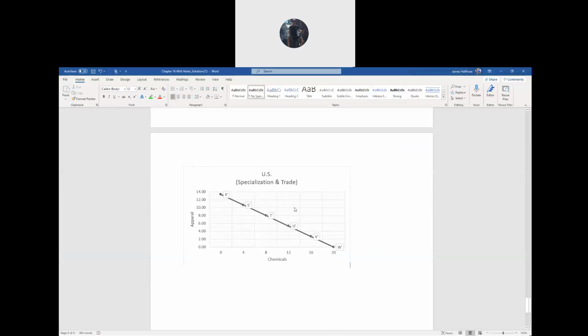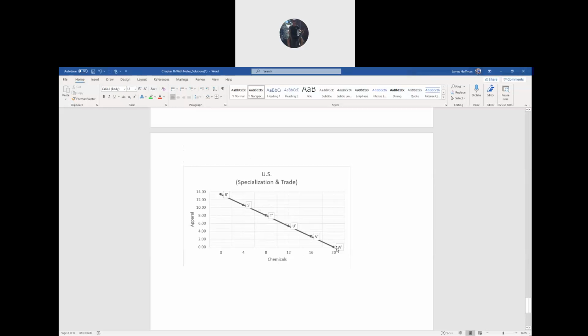Okay, so here's the specialization. Each of these can be exchanged for 2/3 of an apparel, which means that 20 chemicals times 2/3 is 13.33 or something right there. Yeah, 13.33.